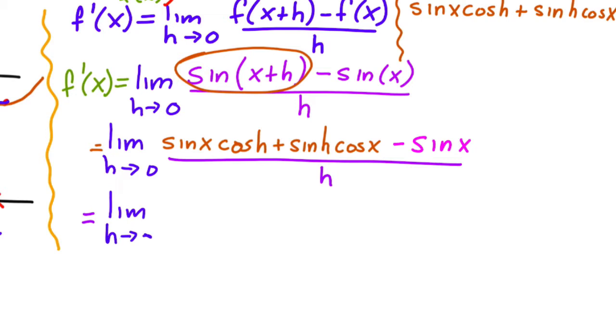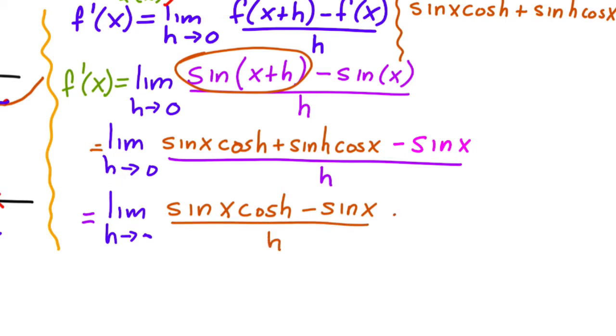But what you can do is, and actually let me do this right here, let me break this up into, I don't want to skip any steps. So sine of x cosine of h minus sine of x all over h, and then plus sine of h cosine of x all over h.